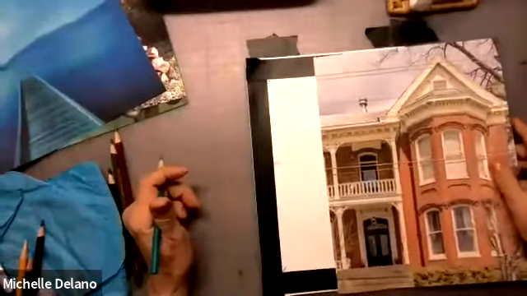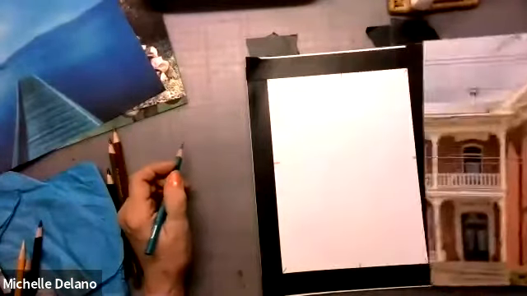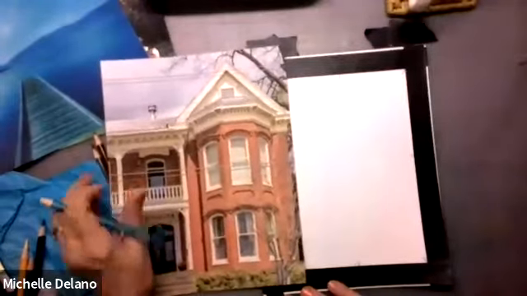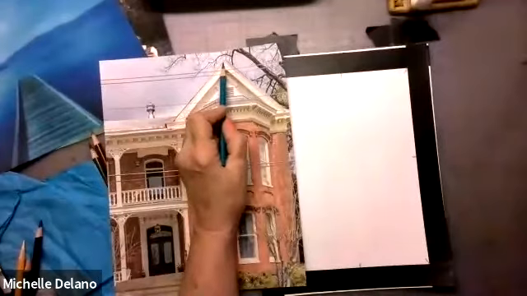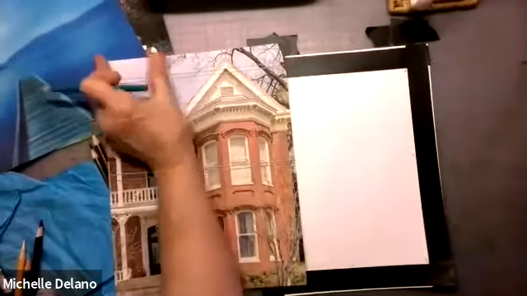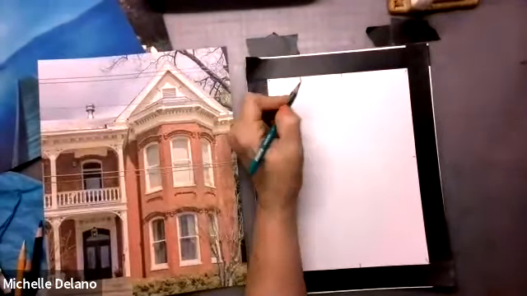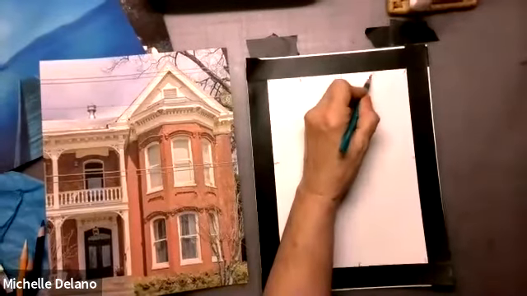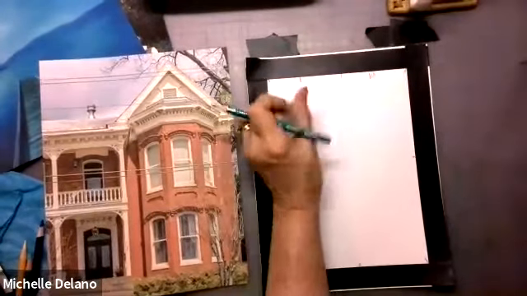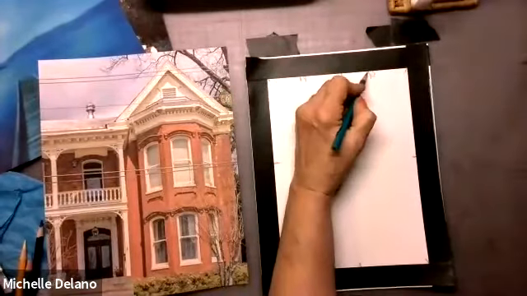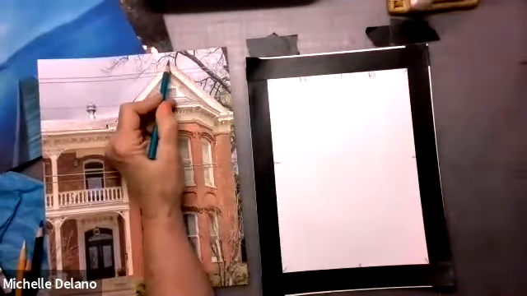Because, for instance, in something like this, I might notice that this peak comes to about a third of the way over. So if I divide this into thirds visually, 1, 2, 3, then I know that this comes here.